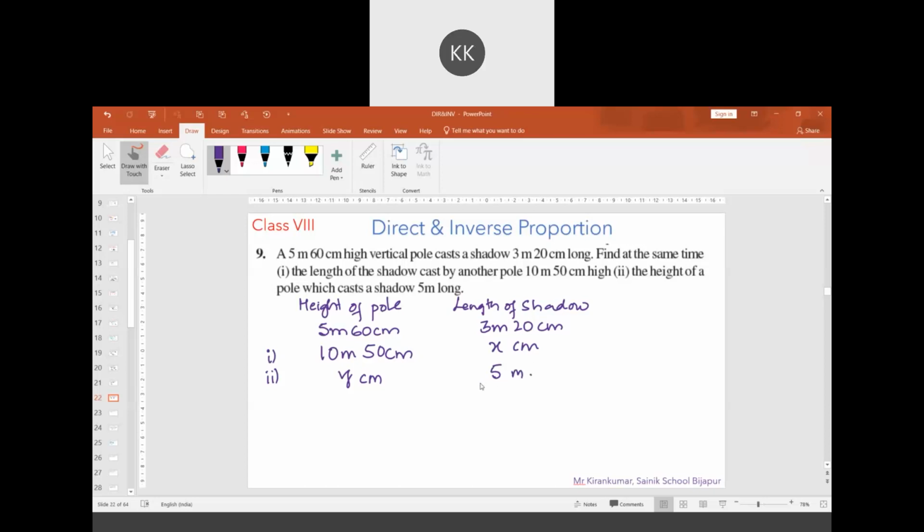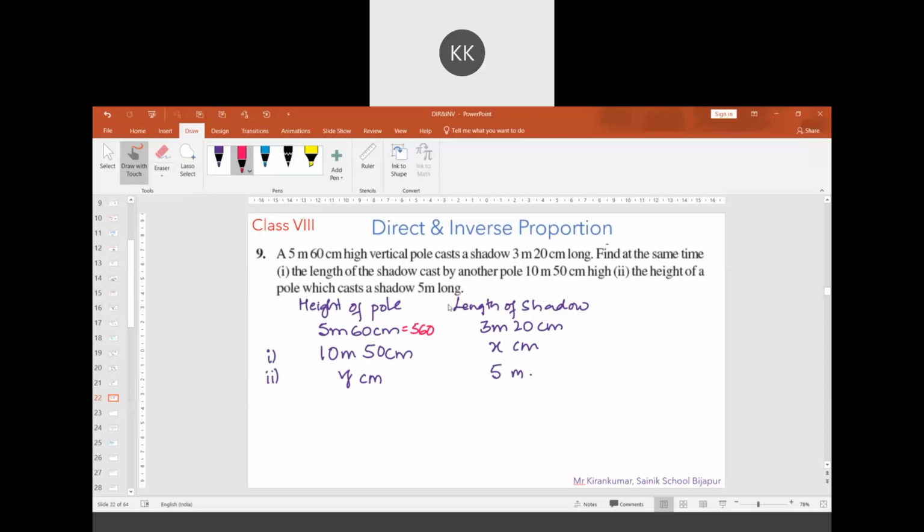How do we find? Sir, we should do cross multiplication. So we can convert it into meters. Very good. Or in terms of centimeter? Centimeter will be easy. Convert into centimeter. So what will be this in terms of centimeter? 560.